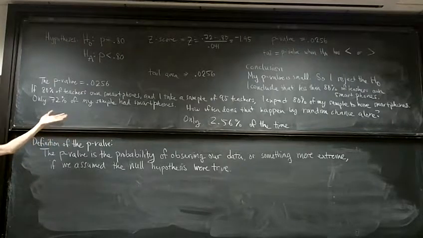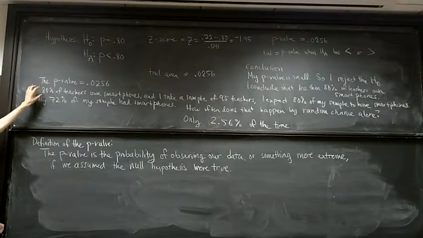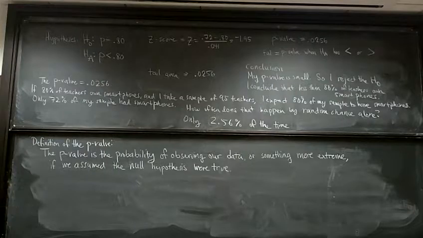How often does that happen by random chance? Only 2.56% of the time. That's my p-value. My p-value is the probability that we get this sample or something more extreme if the null hypothesis were true, if 80% of teachers own smartphones. Is that okay? So, our conclusions.